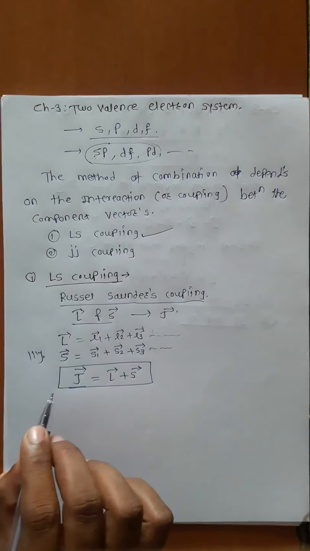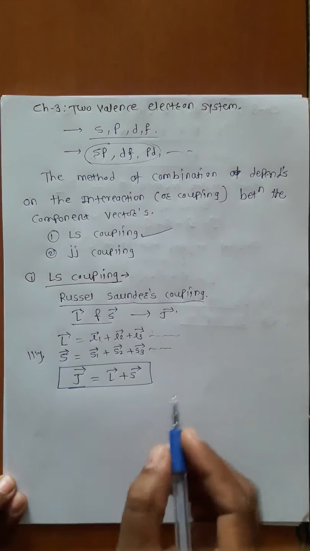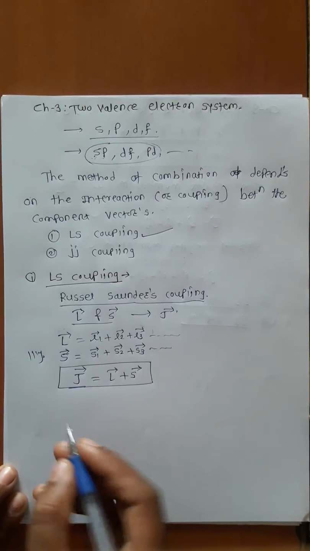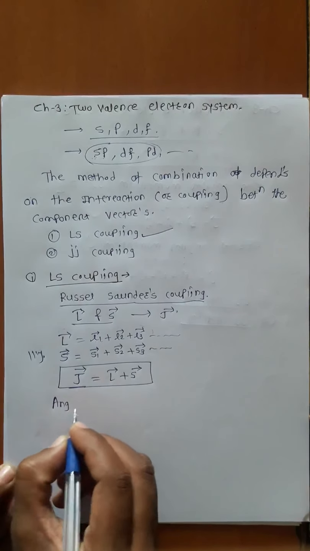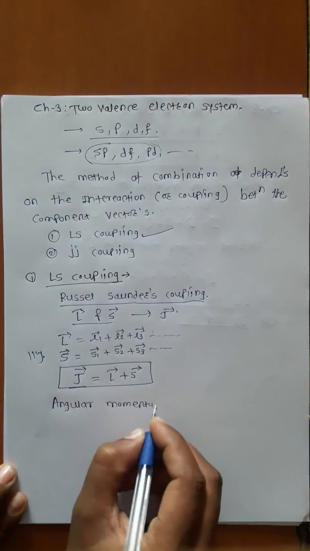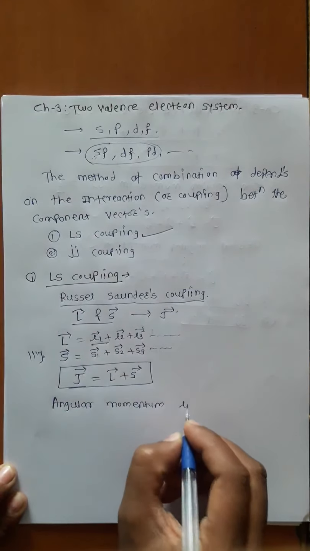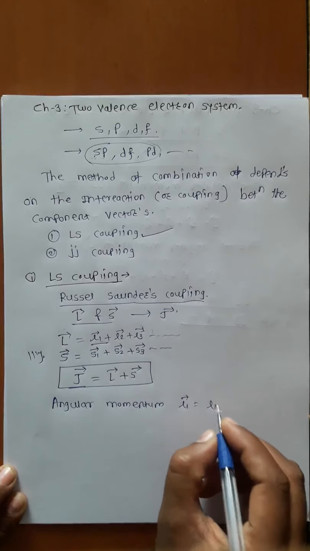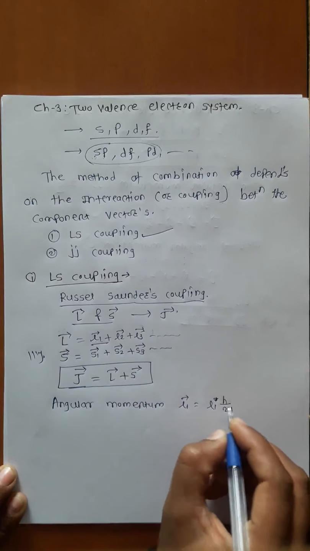Now we consider the angular momentum for a single electron, for L1. How do we write the angular momentum of this L1 vector? L1 bar must be written as L1 star into h upon 2 pi.